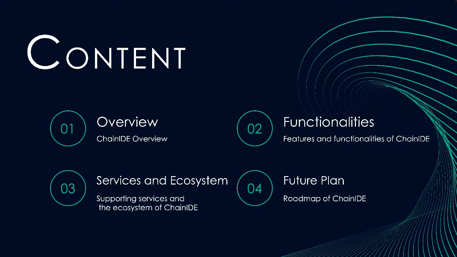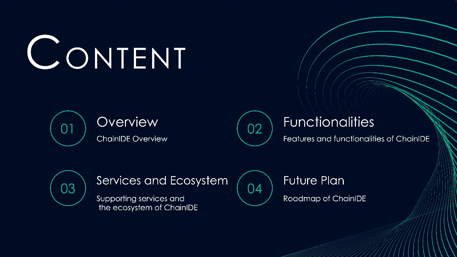The first part is the overview of Chain ID, and the second part is the functionalities. The third part covers the services and the ecosystem we built and provided around Chain ID. The fourth part is the future plan. After all this introduction, I will briefly show you a demo of Chain ID and how we use it to build a decentralized application.